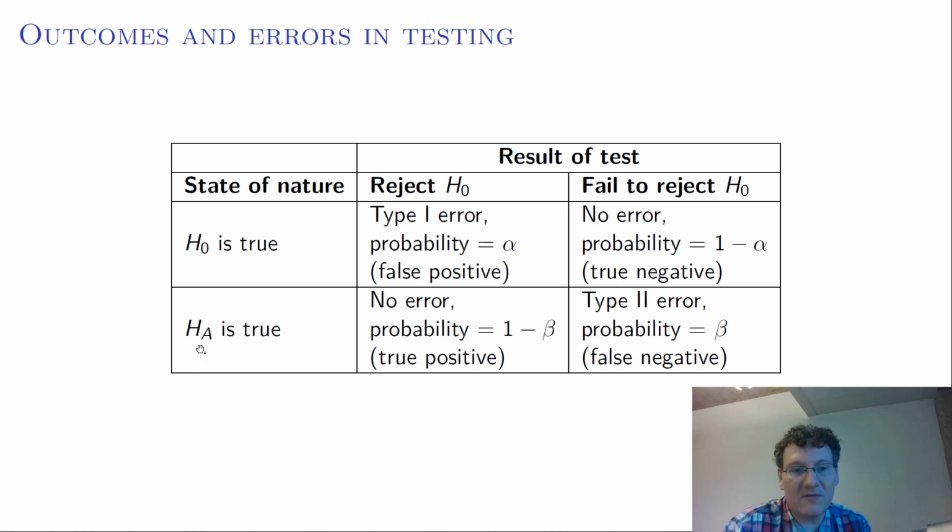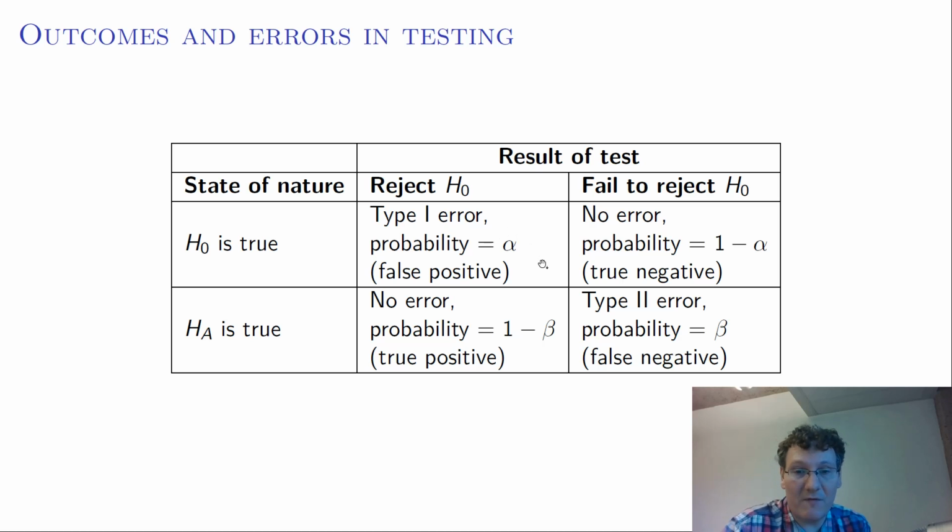Now, if the alternative hypothesis is true, the right thing to do would be to reject the null hypothesis. And now, the probability when the null hypothesis is true that we are going to reject it and make what's called a type 1 error is alpha.